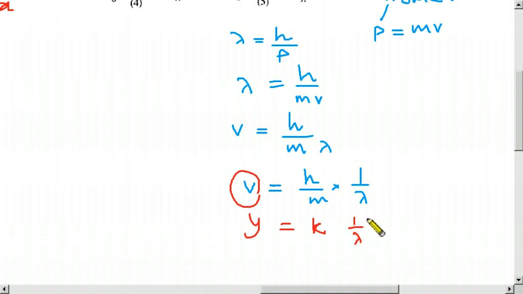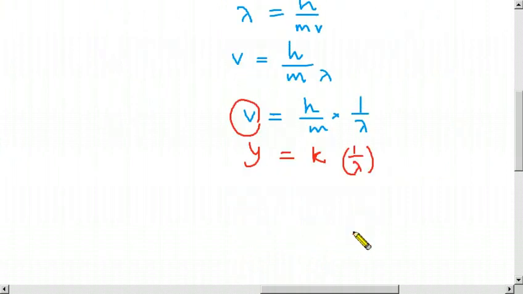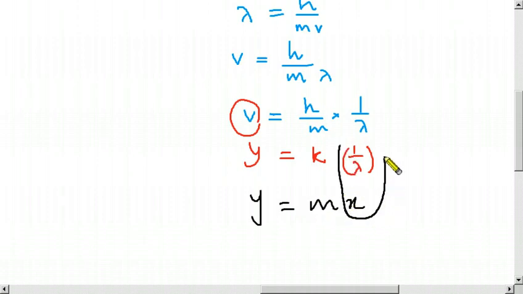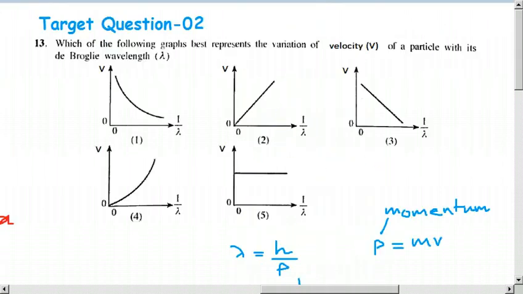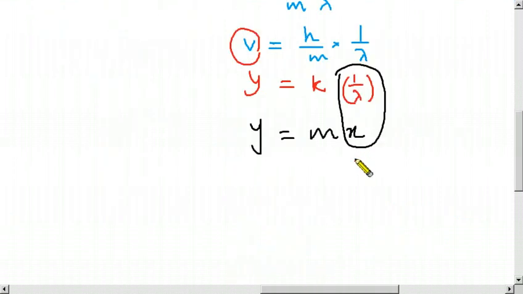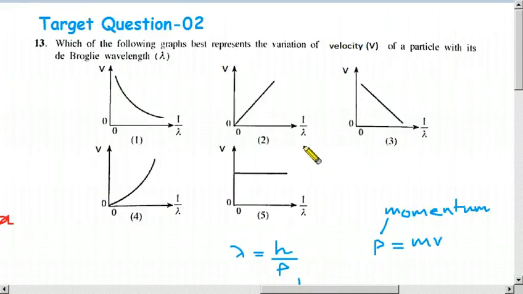The total term 1 over lambda they have taken on the x-axis. So this is in the form y equals mx, because they have taken 1 over lambda totally on the x-axis. So this one is the answer. It should be a straight line if it is of y equals mx form. It is a straight line. So this one is the answer.